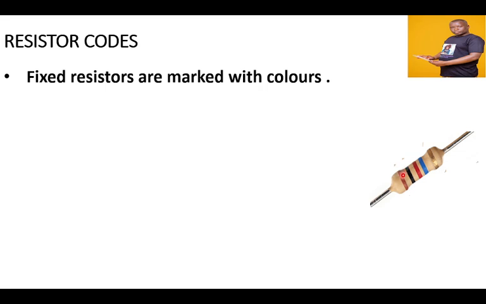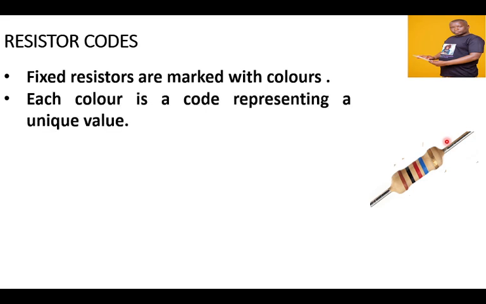They are marked differently depending on the magnitude of their resistance. Each of these colors, brown, black, red, blue, gold, is a code representing a unique value.